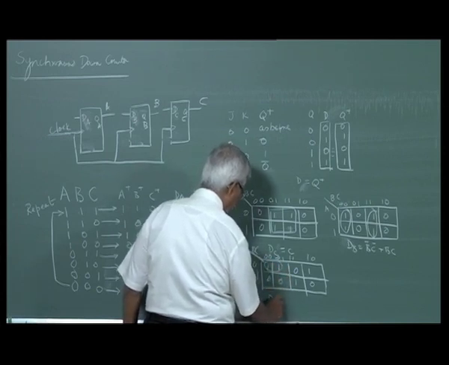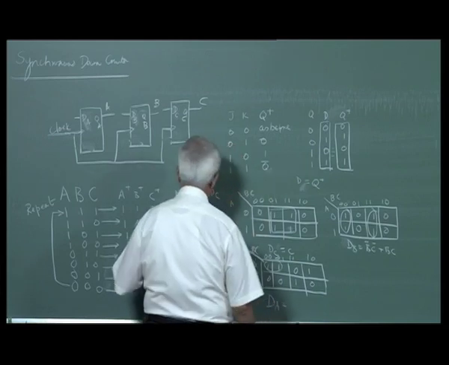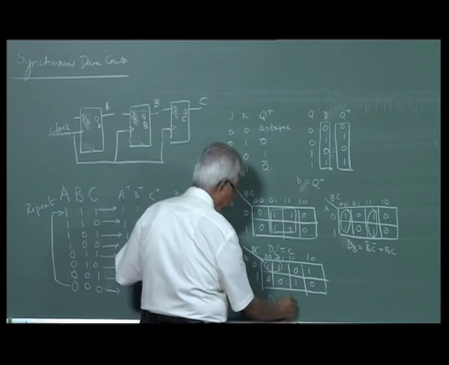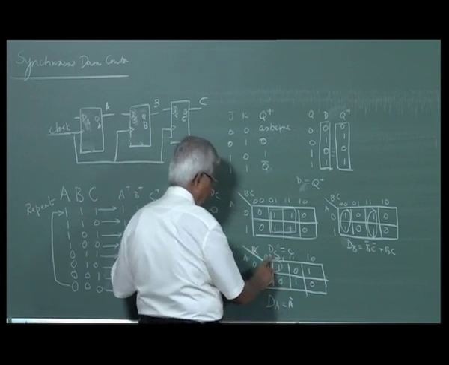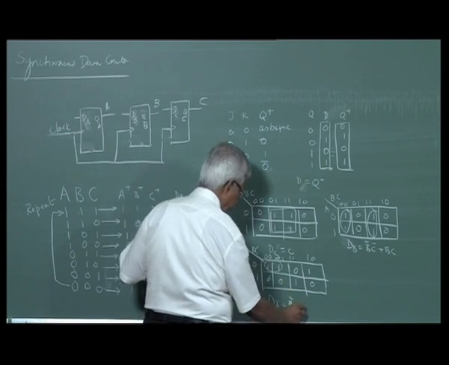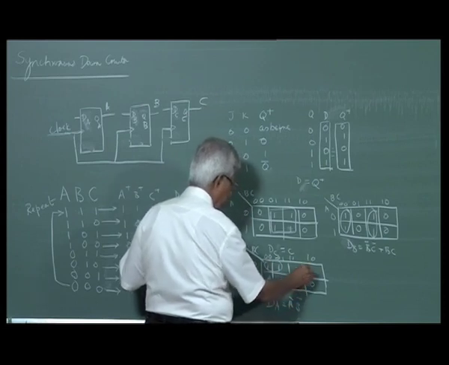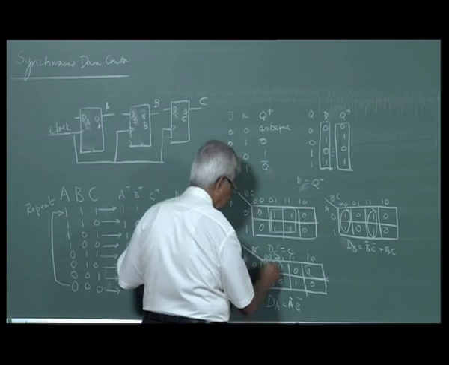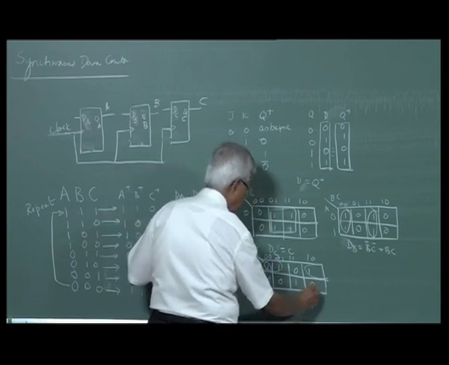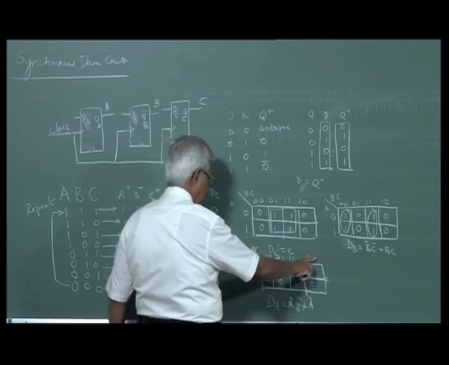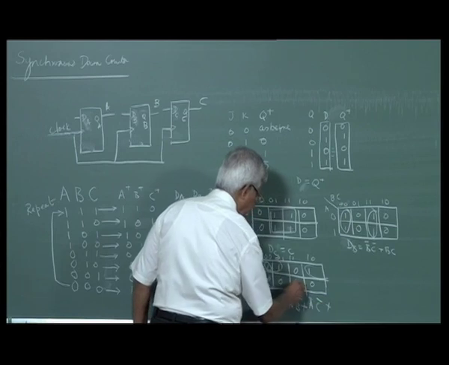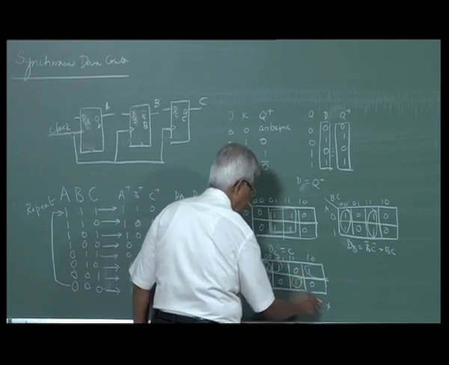DA value would be, this is A bar D bar, A bar B bar. This will be A bar C bar, and this should be ABC.